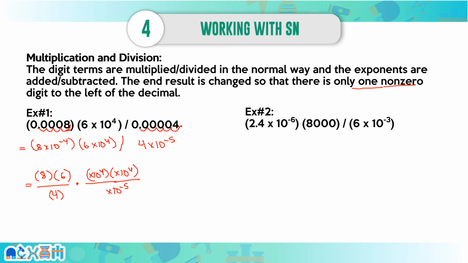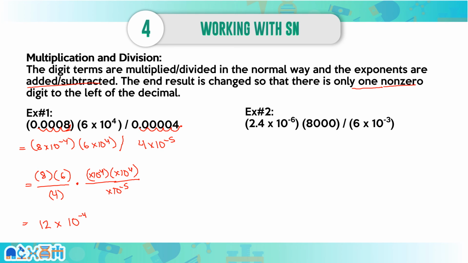So from here, you can just put that in your calculator. You're going to have 12 times 10. And as stated here, you'll add or subtract the exponents depending on whether they are in the numerator or the denominator. So you have negative 4.